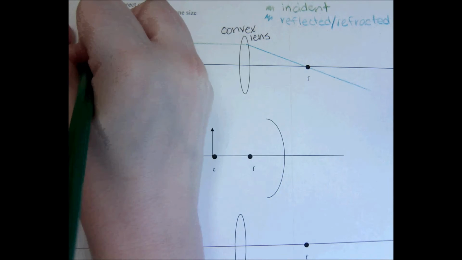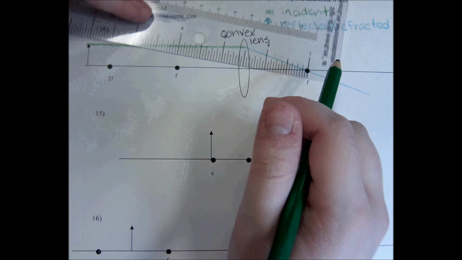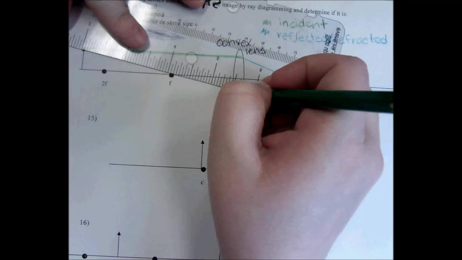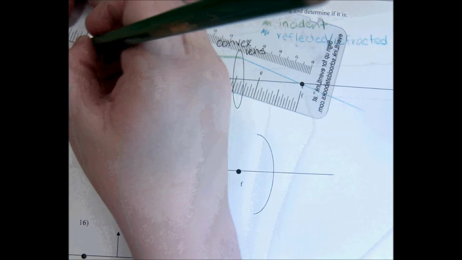My colored pencils don't show up terribly well, do they? Then for my second incident ray, I'm going to go through the virtual focal point, which is this one on this side.